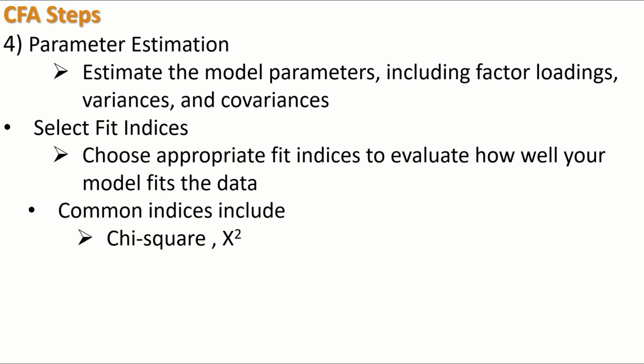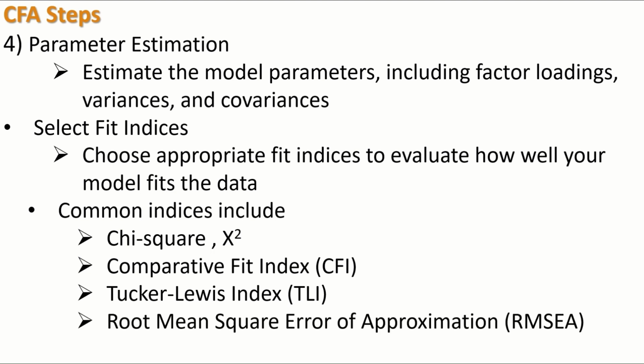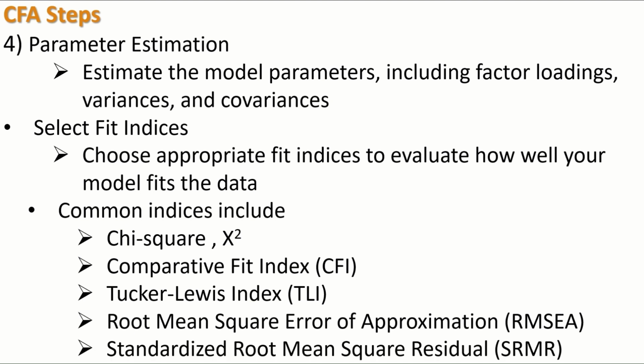So common indices that are commonly used are the chi-square, the Comparative Fit Index, which is abbreviated as CFI, and the Tucker-Lewis Index, the Root Mean Square Error of Approximation, which is RMSEA, and the Standardized Root Mean Square Residual, SRMR.